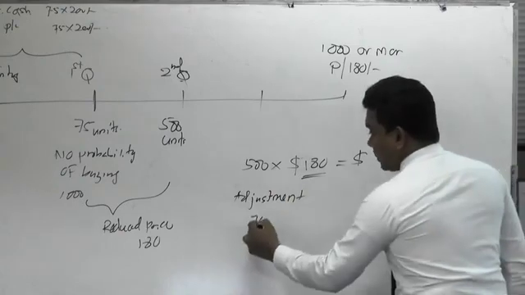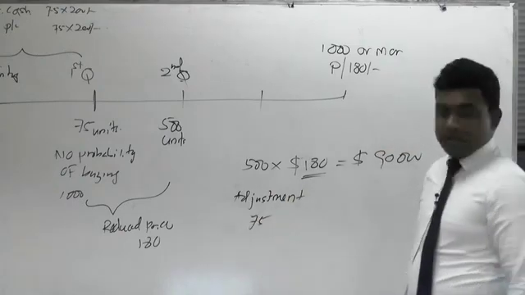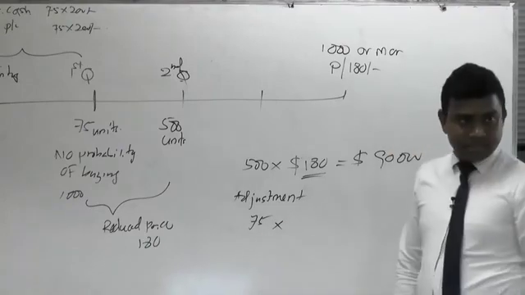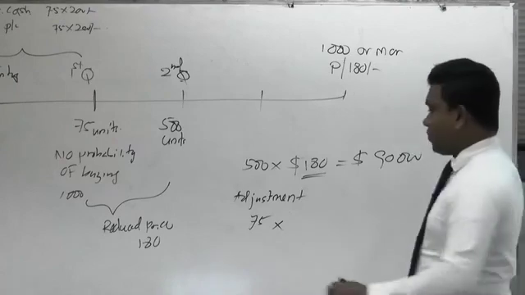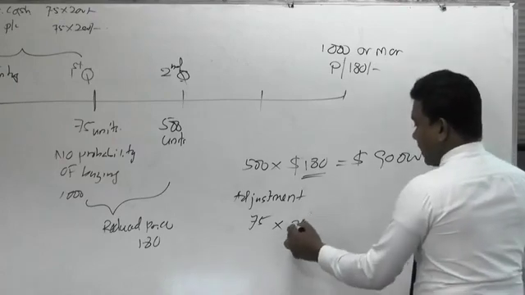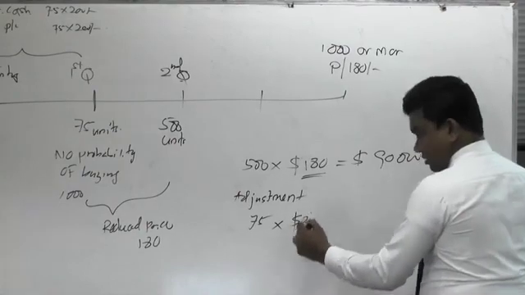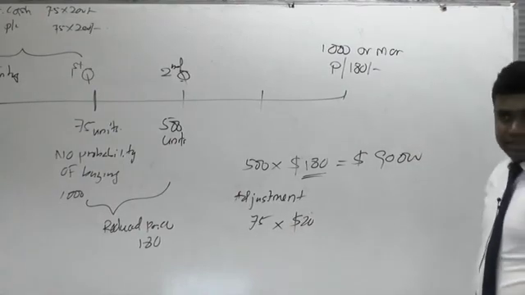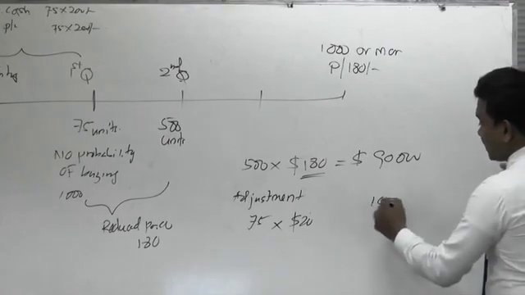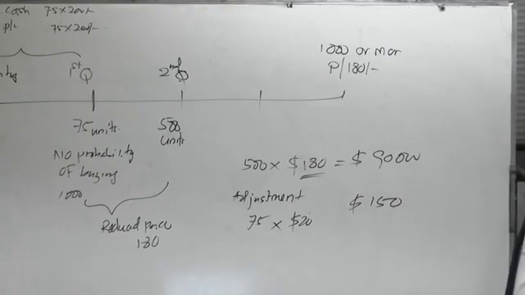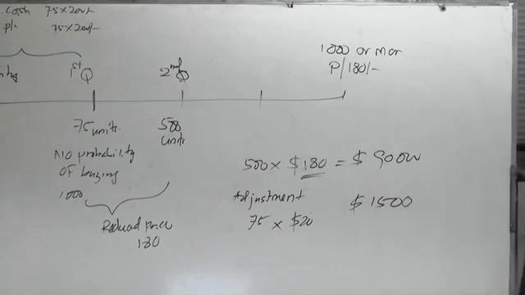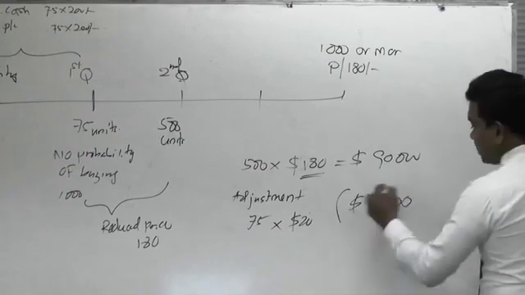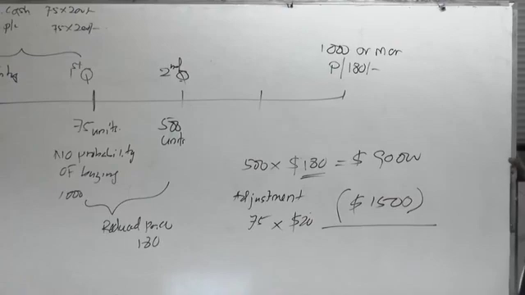Last quarter you sold 75 units and charged 200, but now you need to reduce it also to 180. Therefore, you need to reduce their revenue by $20. Is that clear? Therefore, last quarter you overcharged $1,500. Therefore, this quarter's revenue you will reduce by $1,500.